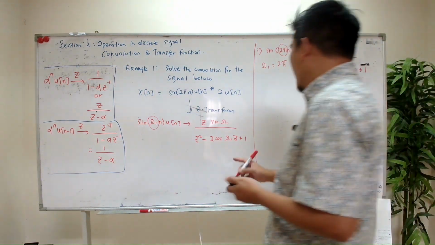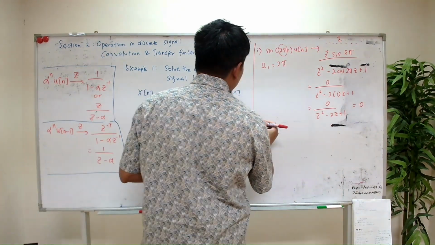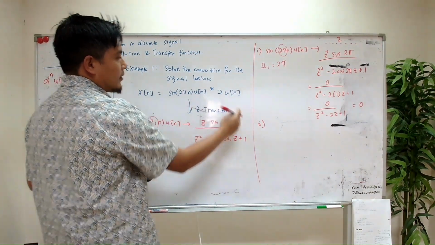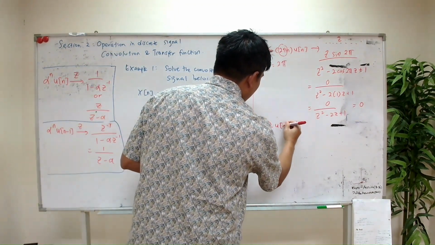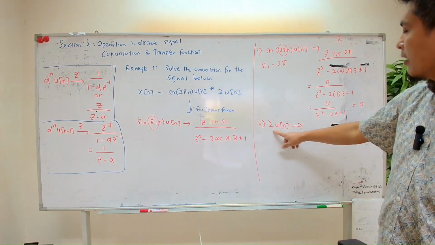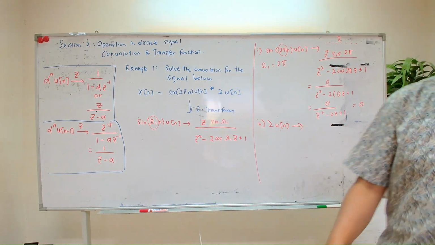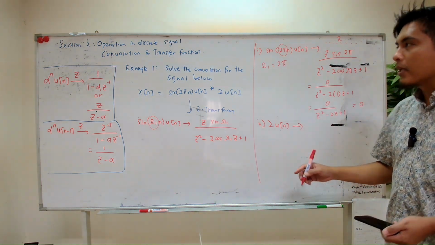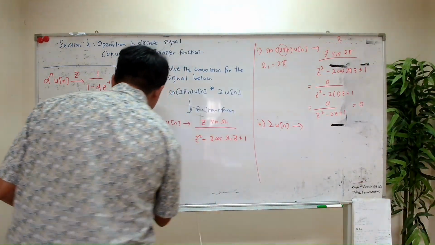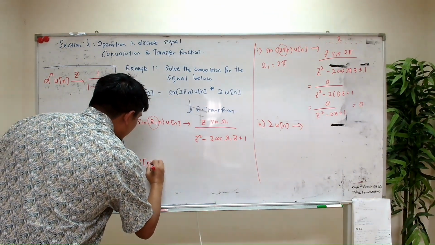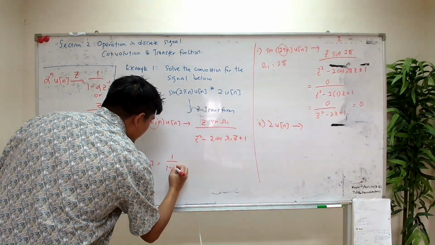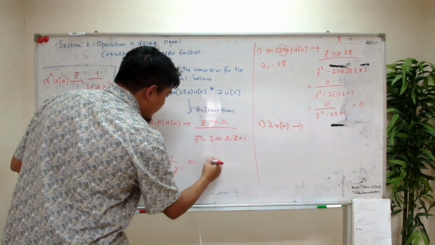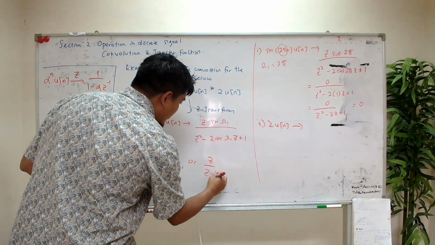Okay? And then the second part is, you have the second signal is 2u[n]. The next signal we have 2u[n]. According to the Z transform table, the u[n] is equal to 1 over 1 minus Z inverse, or we can write it as Z over Z minus 1.